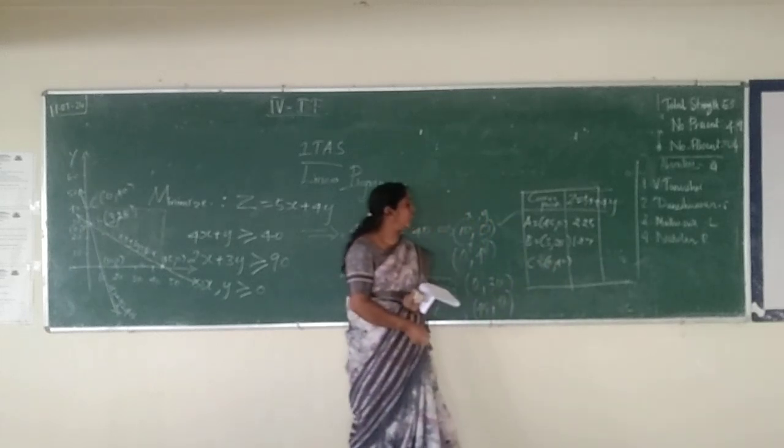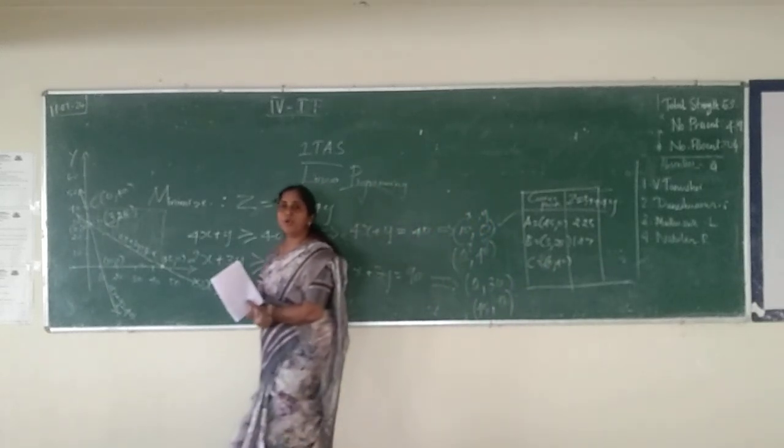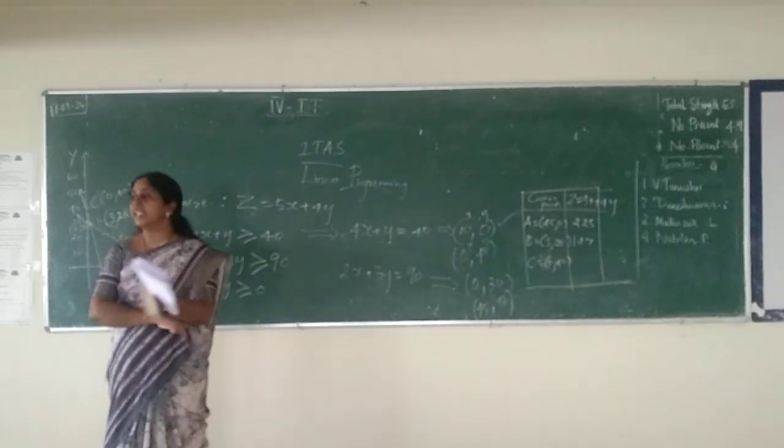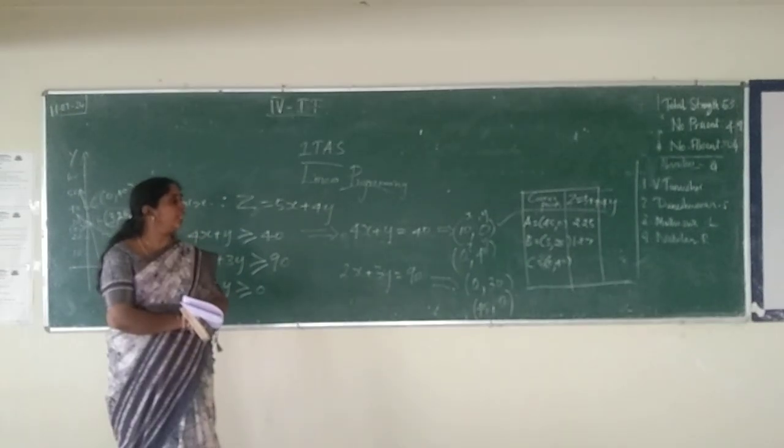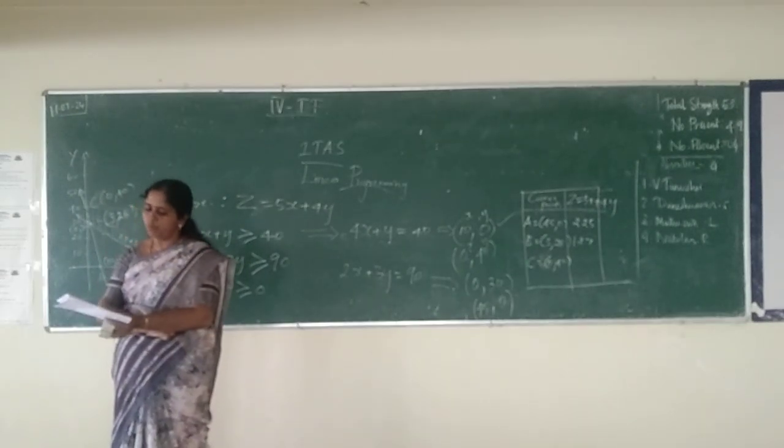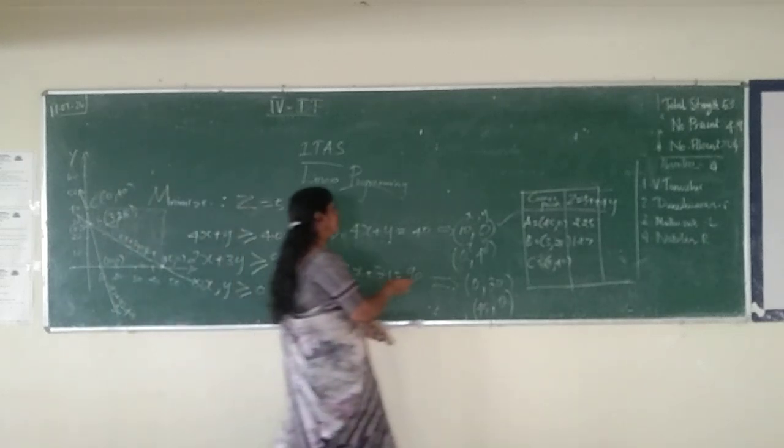Then find the z value when x is 0 and y is 40. 4 into 40 is 160.